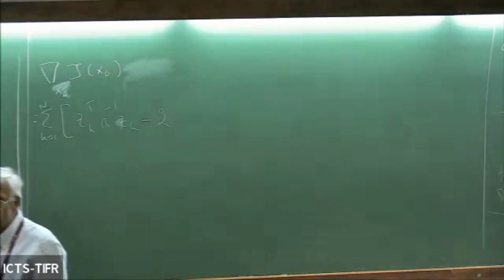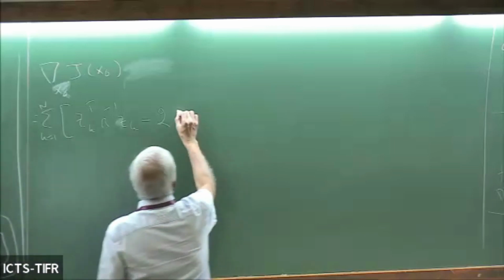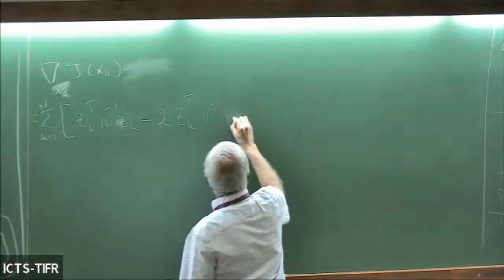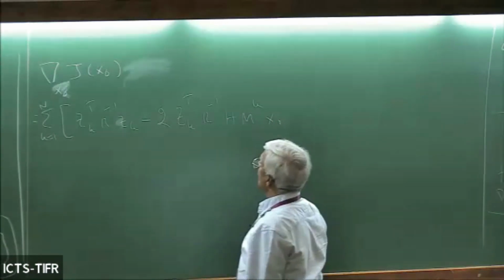You already know where the 2 comes from, right? There are 2 linear terms, they are essentially the same, I can combine them. So 2 times z_k transpose R inverse H M to the power of k x naught.